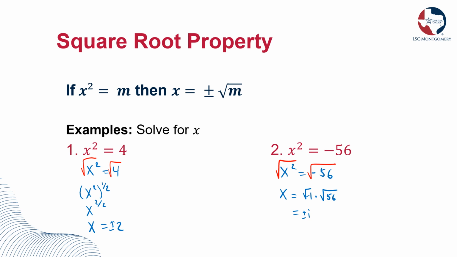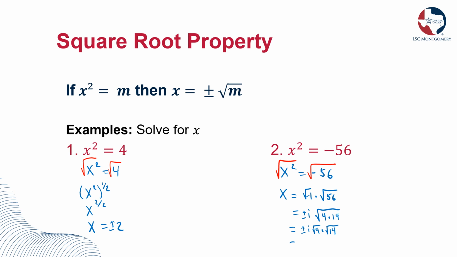Now 56 is not a perfect square, but it can be simplified as square root of 4 times 14. Again, applying rules for radicals, square root of 4 times 14 can be written as square root of 4 times square root of 14. But we know the square root of 4 is 2.